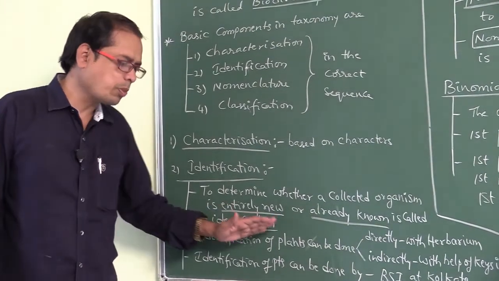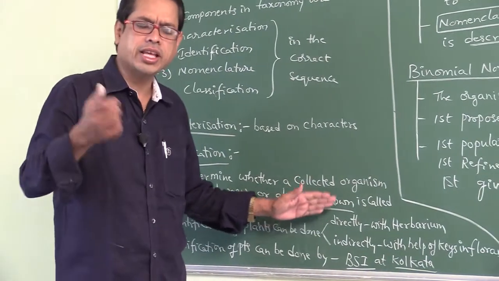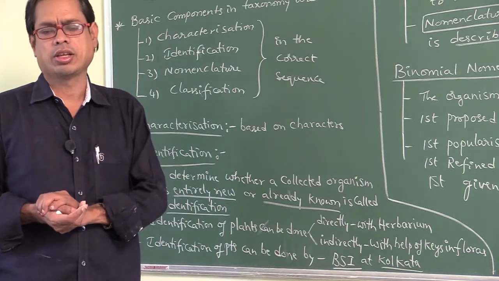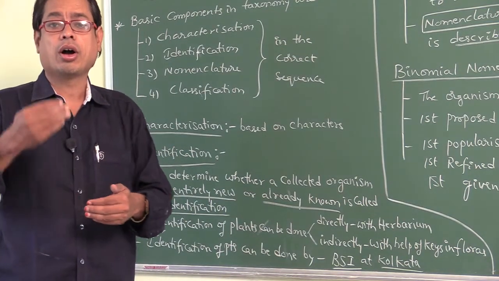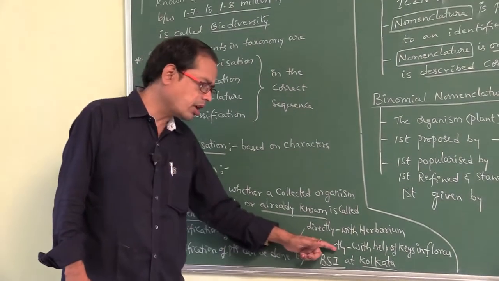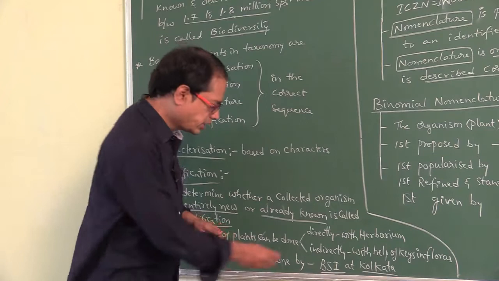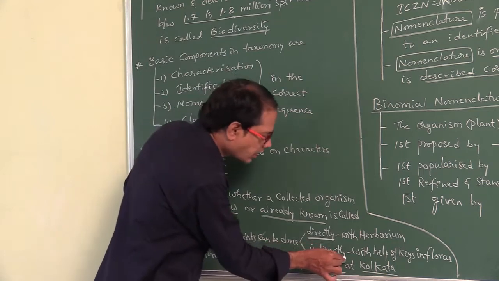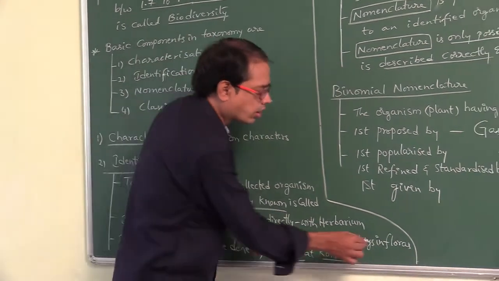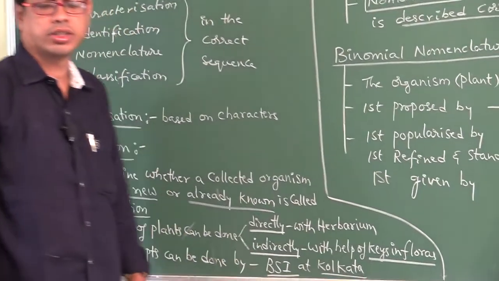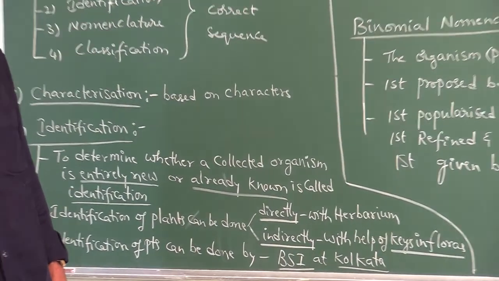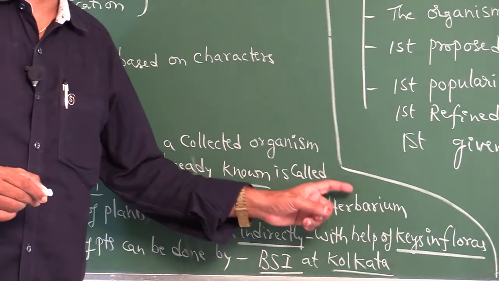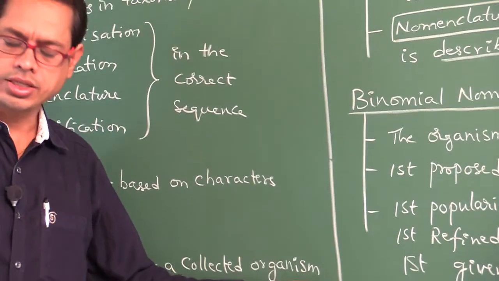Next, identification of plants can be done directly with the help of authentic herbarium, or indirectly with the help of keys in floras. Directly with the help of authentic herbarium, or simply herbarium.